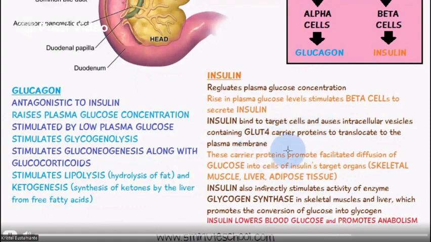These carrier proteins then promote the facilitated diffusion of glucose into the cells of insulin's target organs, most commonly the skeletal muscles, liver, and adipose tissue. Insulin also indirectly stimulates the activity of the enzyme glycogen synthase in the skeletal muscle and liver, which promotes the conversion of glucose into glycogen. So overall, insulin lowers blood glucose and promotes anabolism.